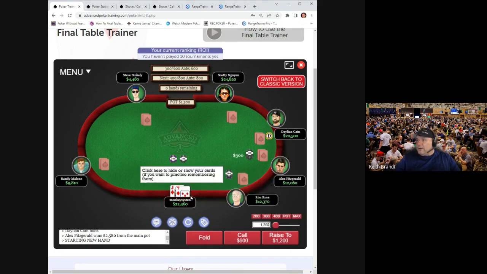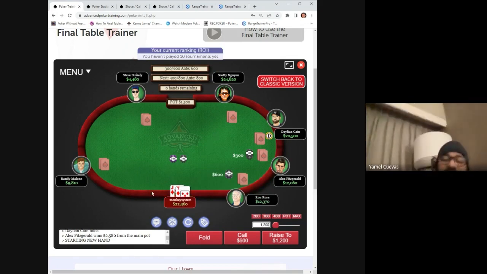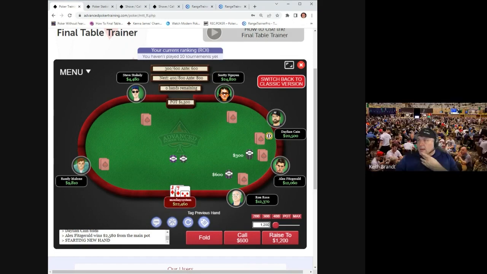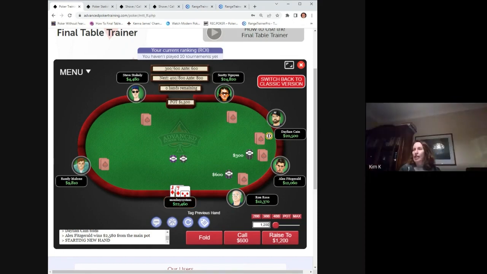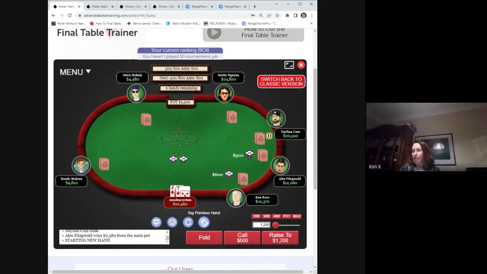We're not going to play that, are we? I would. Min raise. You look at the stacks and who's on the blinds. That little short stack there, if he folds, there's huge pressure on these blinds from our raise. The only person we're worried about getting through is the chip leader. To me, this is a spot where you can min raise.